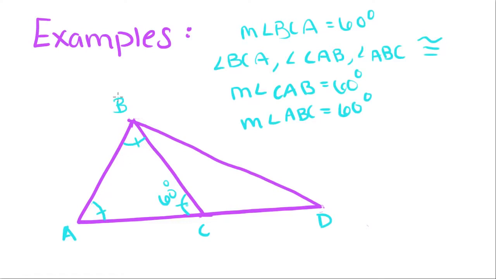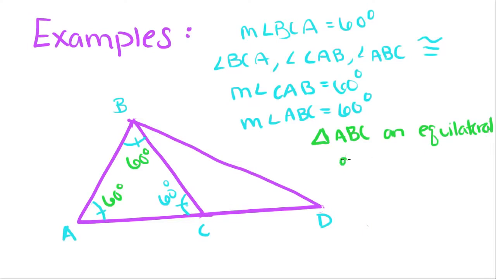So this is 60 and this is 60. So that makes triangle ABC an equilateral and acute triangle because all three angles are equal and all three angles are less than 90 degrees.